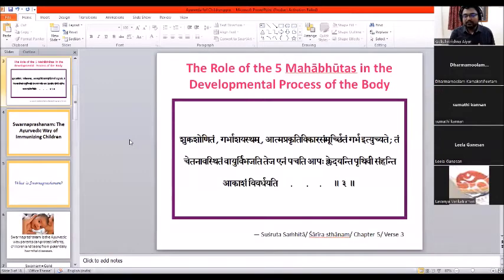Viryam means potency. So there are two kinds of potency which Ayurveda describes. One is Shita Viryam and another one is Ushna Viryam. So comparatively, sesame oil is of Ushna Viryam, whereas coconut oil is of Shita Viryam. That is the reason, when we go to places like Kerala, the use of coconut oil is very common there, both for internal usage in daily cooking as well as for external oil massage.